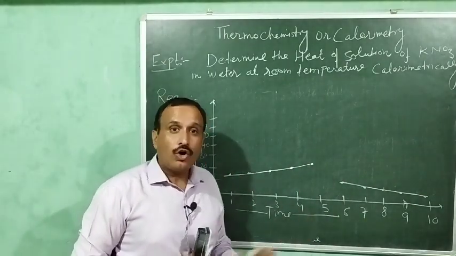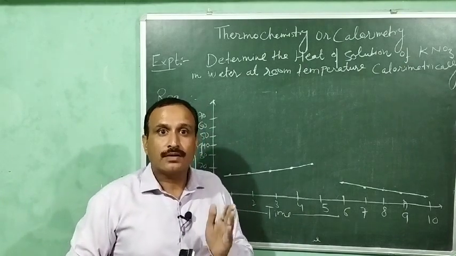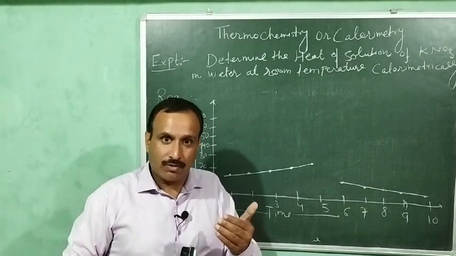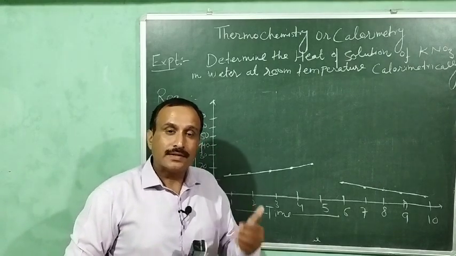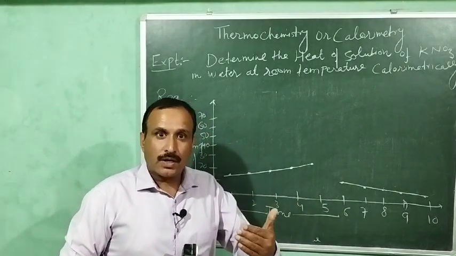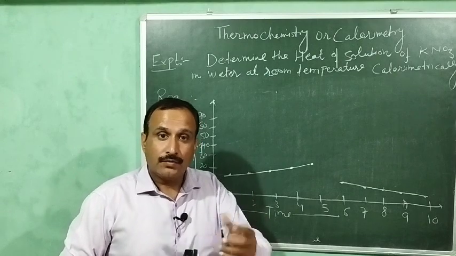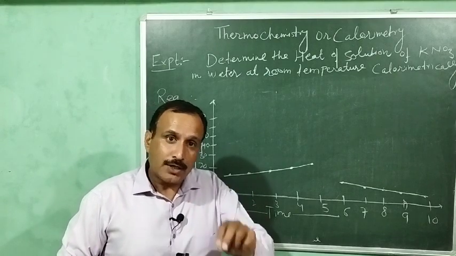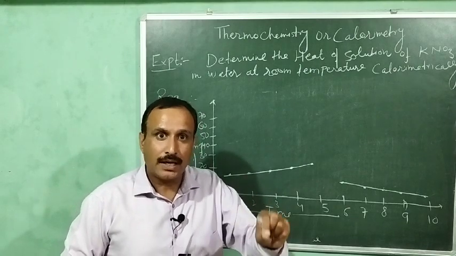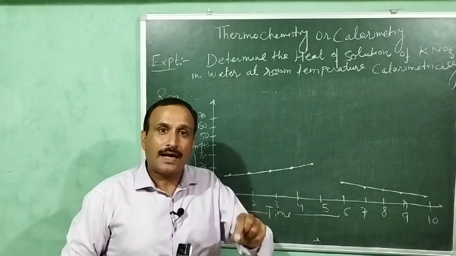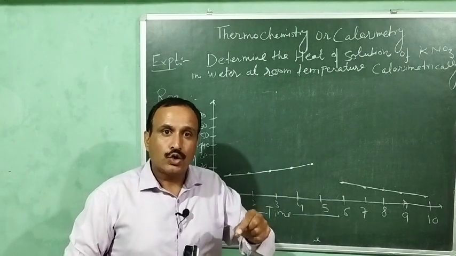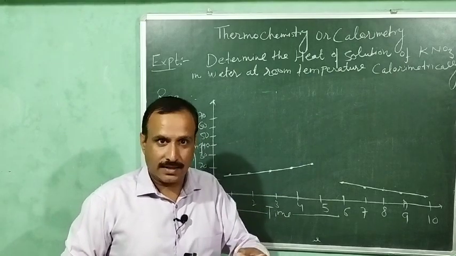After this, we will draw a vertical line showing the time of mixing. As I said that I added potassium nitrate after noting the temperature of cold water for the 5 minutes. तो जब कोल्ड वाटर का टेम्परेचर हमने 5 मिनट तक माप लिया, फिर स्टॉप वॉच को बंद नहीं किया, फिर 5 मिनट के बाद we added potassium nitrate, then we dissolve that potassium nitrate completely, and let us suppose that dissolution of potassium nitrate in cold water took half minute, that is 30 seconds.